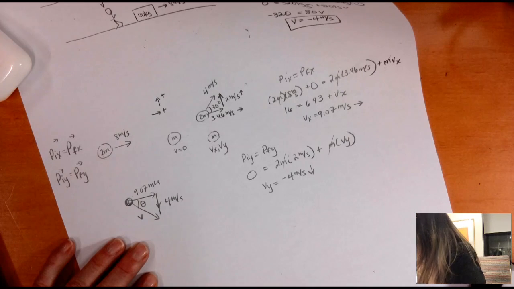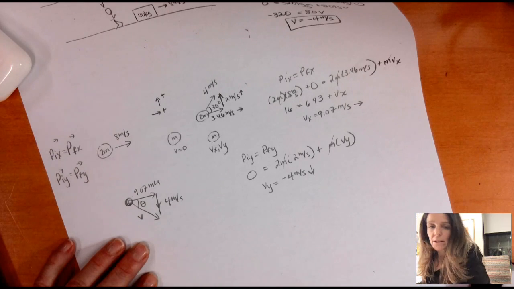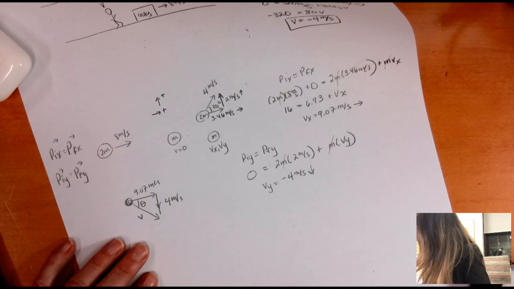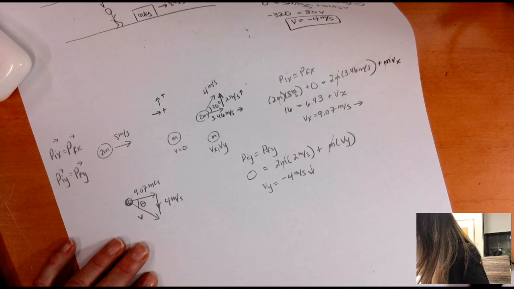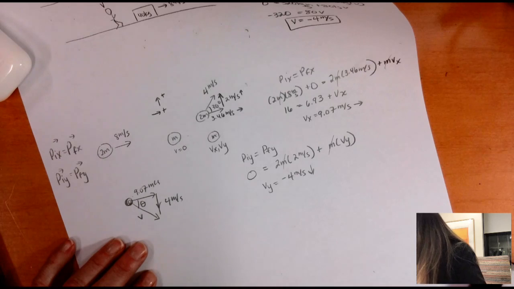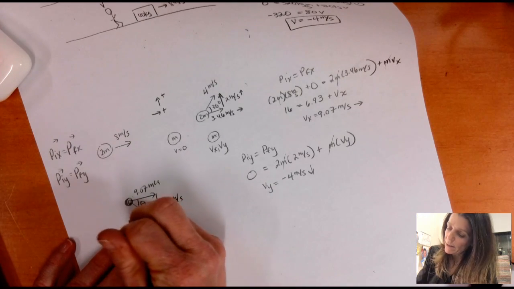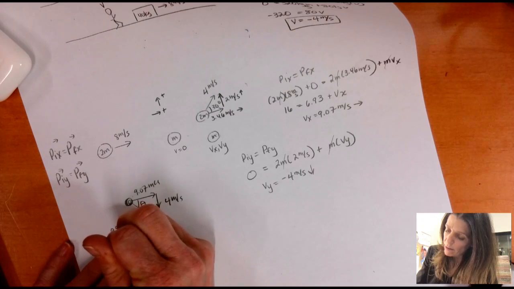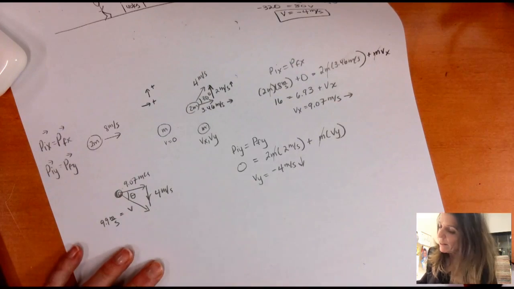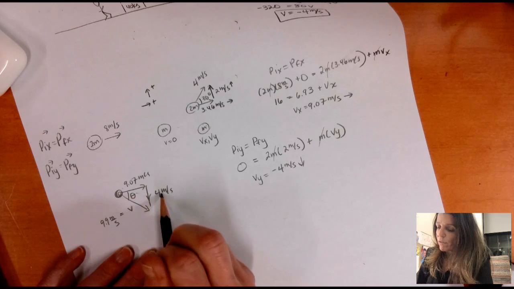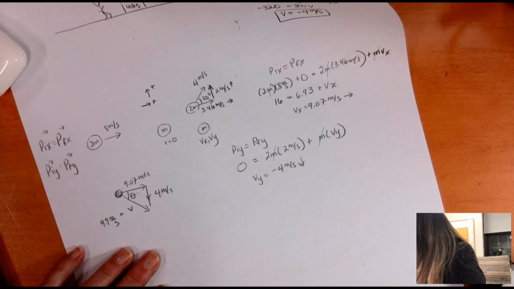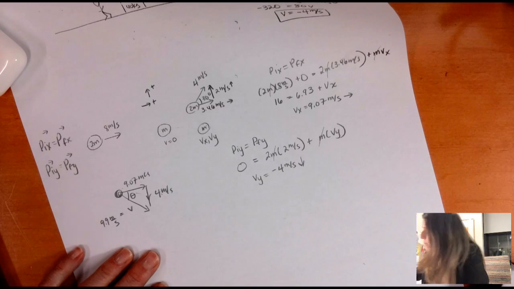So I need to do the Pythagorean theorem, 9.07 squared plus 4 squared, and then I take the square root of that, I get 9.9. And then I'll do inverse tan of 4/9, second tan, 4 divided by 9, and I get 24.